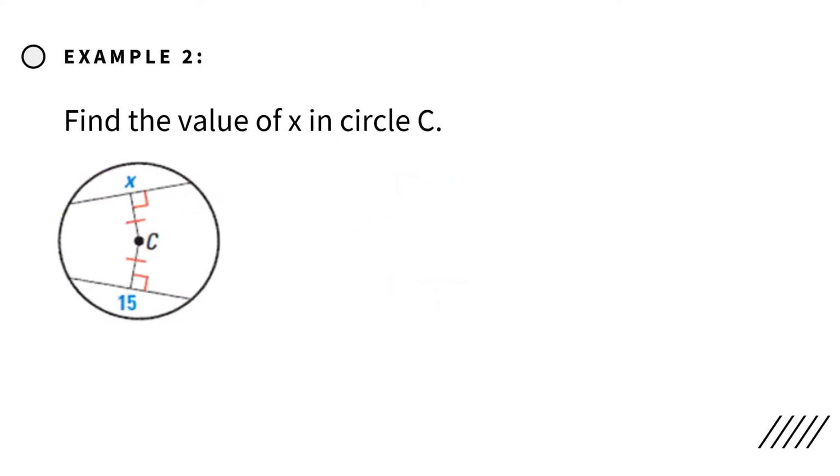Example 2. Looking at the diagram, we can see that we have two chords that are congruent. We're going to conclude they're congruent because they are equidistant to the center. Equidistant involves being perpendicular.